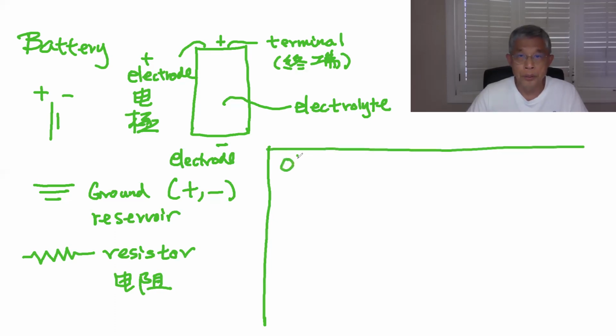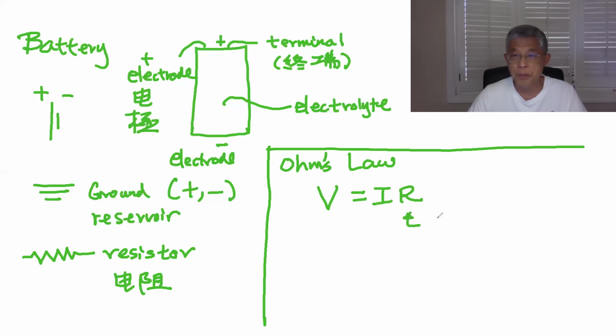So Ohm's law, 欧姆定律, right? Ohm's law says the following: V is equal to IR. Okay. So R is the resistor symbol. So this is resistance. And the unit is ohm, O-H-M.